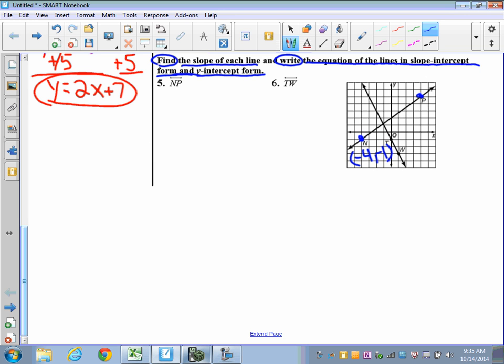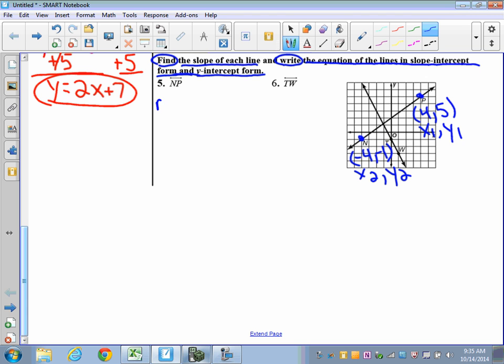And point P is 4, 5. So I'm going to call 4, 5 x1, y1, and -4, -1 x2, y2. It doesn't matter which one I call x1, y1, and x2, y2. So I think I'm going to have an easier solve whenever I do this.